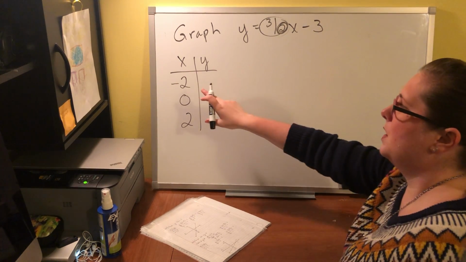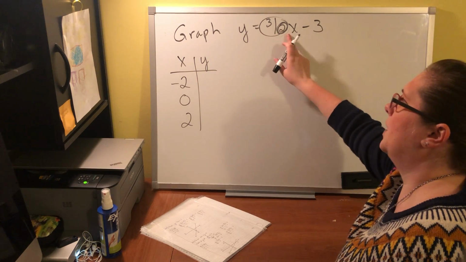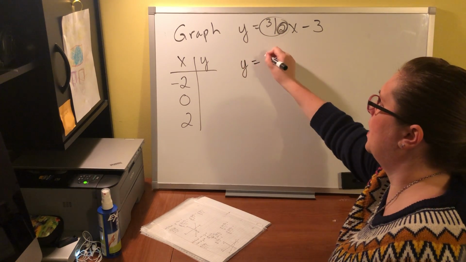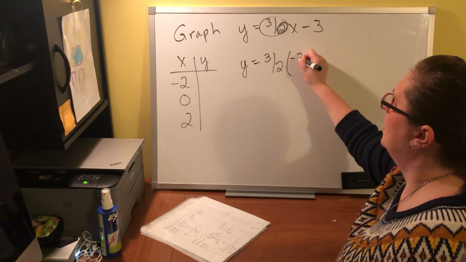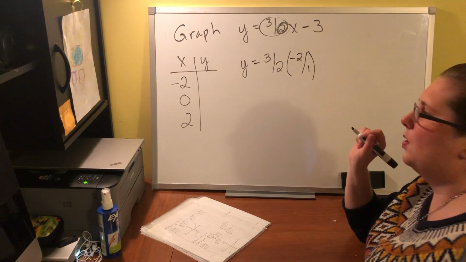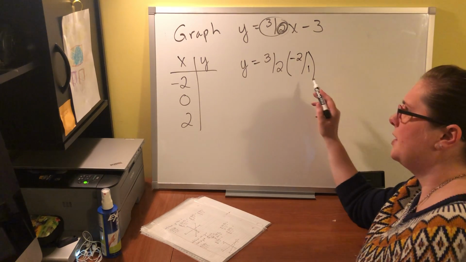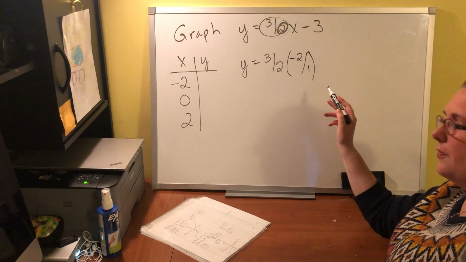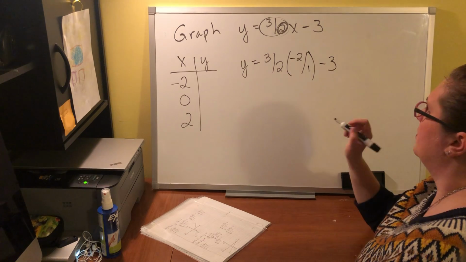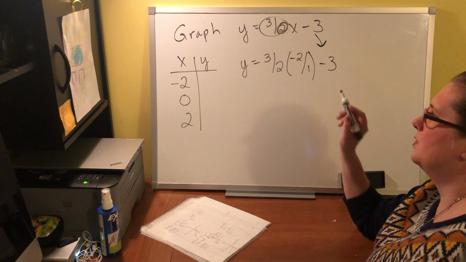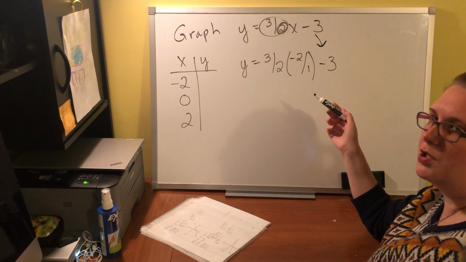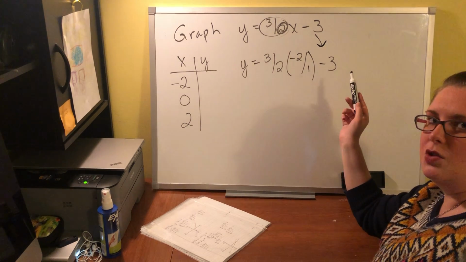Now we're going to substitute those x values in for x and solve for y. So y equals 3/2 times, we have a -2. Remember, when you're multiplying by a whole number and a fraction, make sure your whole number goes over 1 to turn it into a fraction. And we still have our -3 from the outside. Now we're dealing with multiplication of fractions, so you look diagonally and you can cancel.